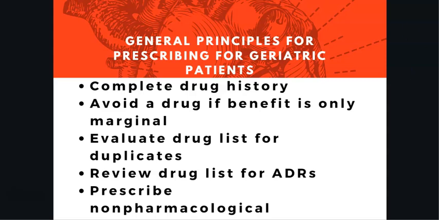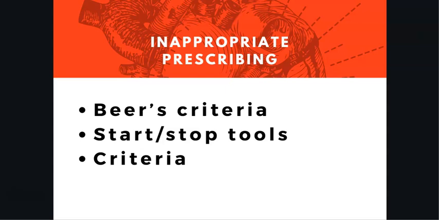You want to complete a drug history at every visit, because they've probably gone to several other providers. You can use the Beers criteria for the older population. The Beers criteria have start-stop tools, and they give criteria to avoid prescribing harmful medications that have narrow therapeutic ranges.